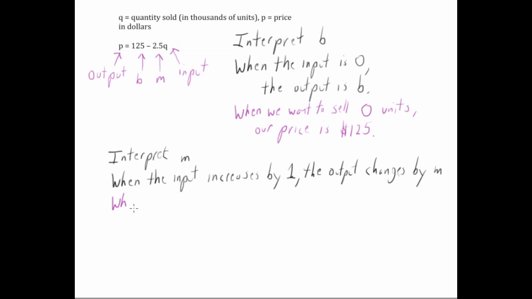So when we want to sell an extra 1,000 units, the output, that's the price, changes by M. M is negative 2.5, so our price is going down.